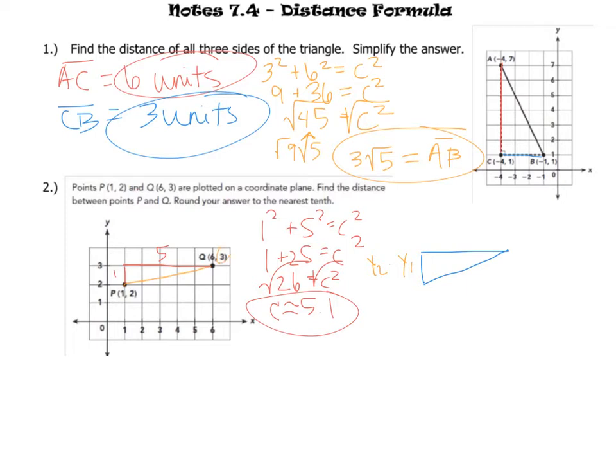Do you get that? So it's 3 minus 2. And this top one is actually x2 minus x1 because it's 6 minus 1 to get 5. Do you understand? And this is our distance. So now, on the next slide, you're going to figure out what the distance formula is.